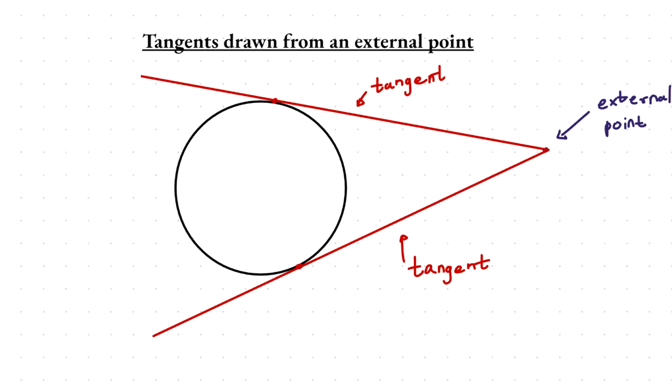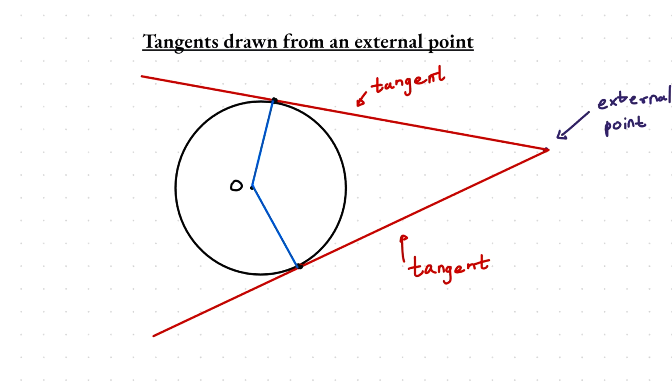Now, my circle has center O. This is the tangential point, and here is another tangential point. I draw the radius to each tangential point. You know the radius and the tangent make a 90-degree angle.